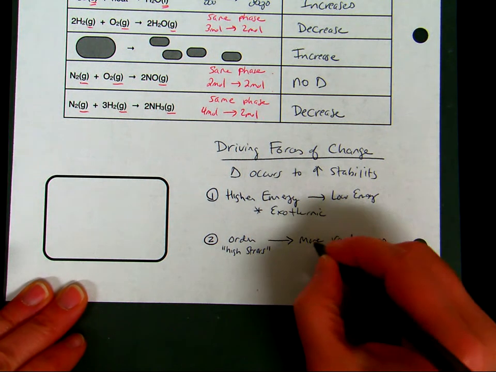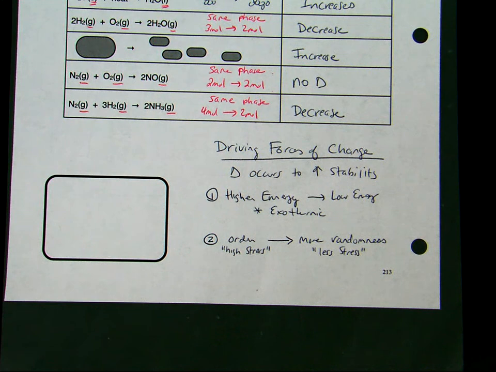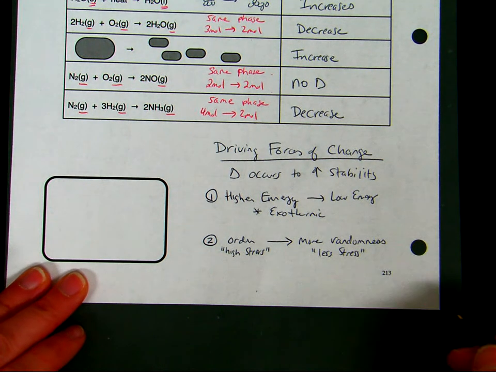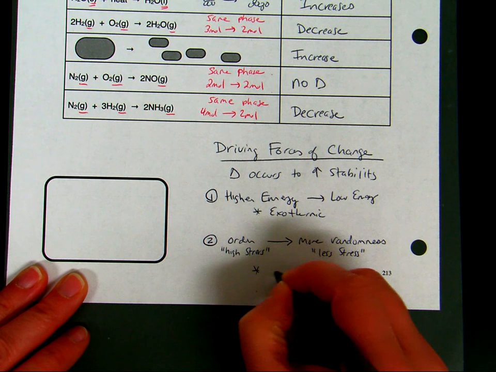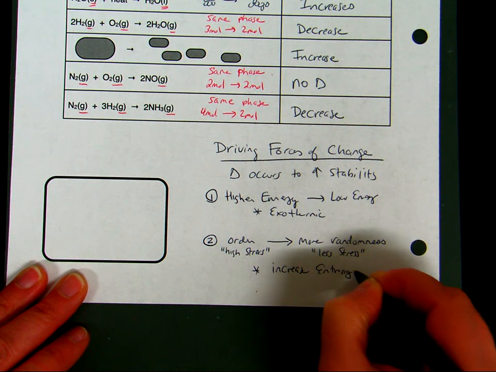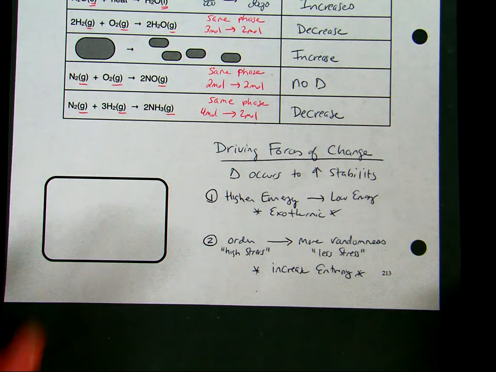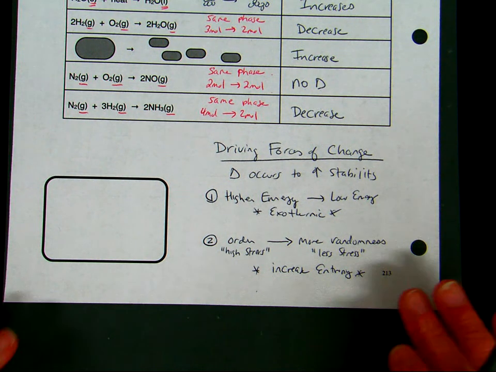When there's more randomness in the system, it's less stress. So some processes of change occur because we see an increase in entropy. So one driving force of change is higher energy to lower energy, or it occurs because it wants to relieve the stress of keeping complete order by having randomness.